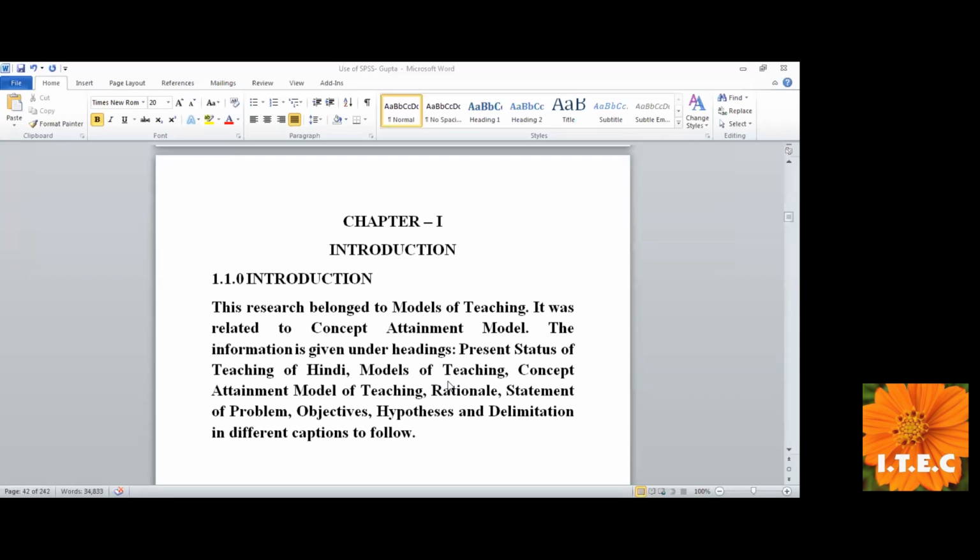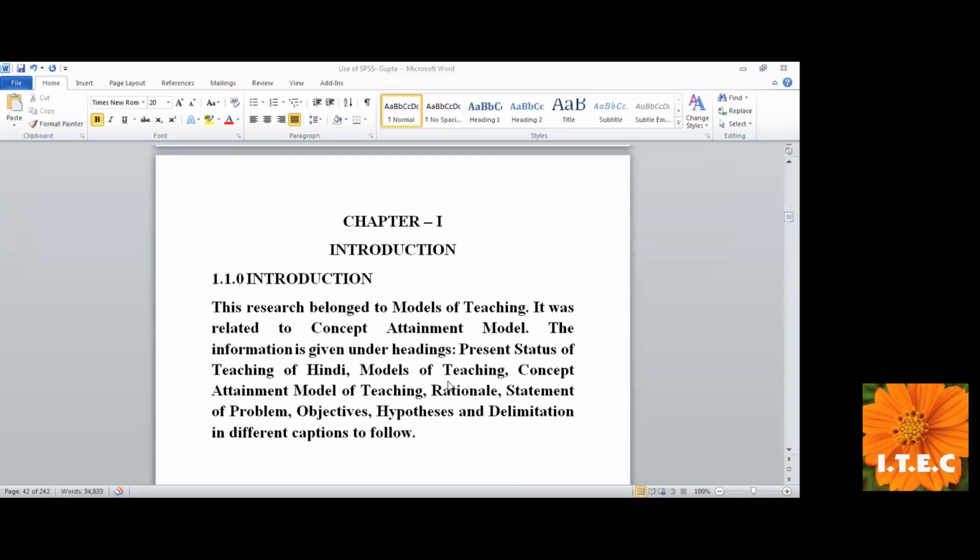And in each chapter, the first caption will be introduction. As I told you the other day, the main purpose of the introduction is to connect the present chapter with the previous chapter. Number two, when you read it, you come to know what all information is being given and under what heads.